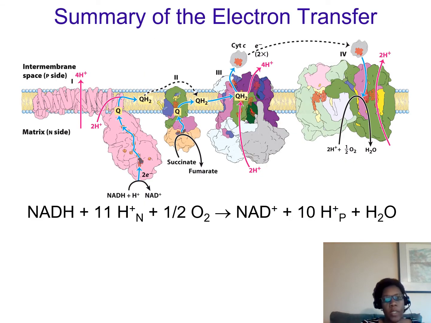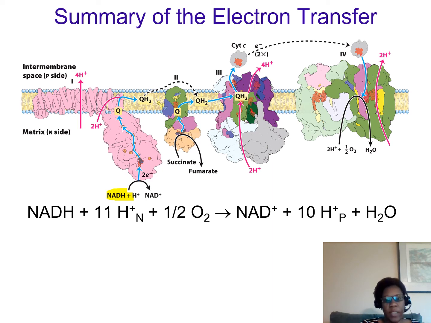Okay, so in summary, for the electron transfer just from an NADH, we would have NADH on the matrix side, and 11 protons on the matrix side as basically our reactant, one coming with the NADH, since that was connected to the NADH in the beginning, and then 10 others were pumped over to the intermembrane space.